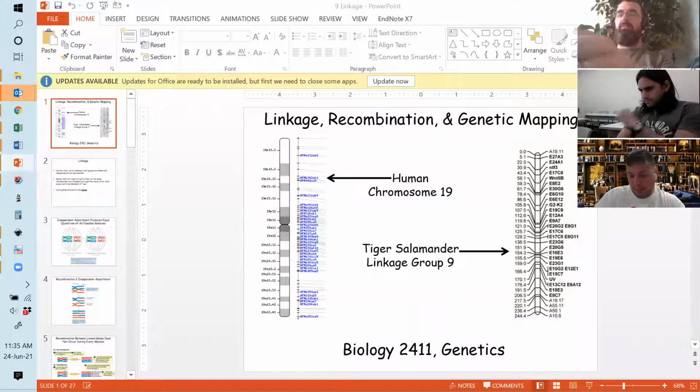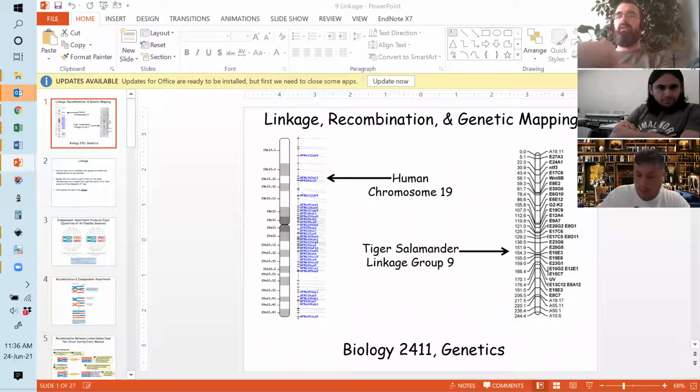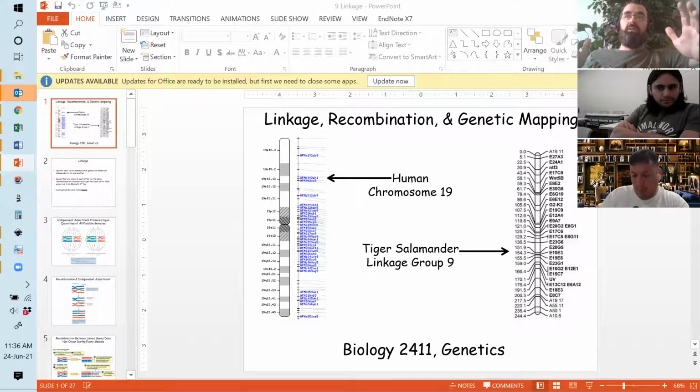What we care about is whether or not recombination, thank you, autocorrect, is occurring between the two genes we're looking at. So recombination is always occurring, right? It's not that it just doesn't occur.